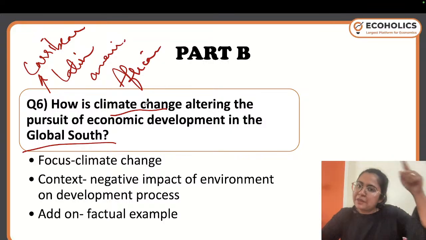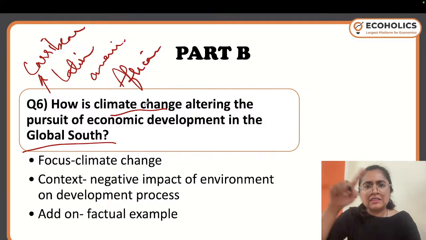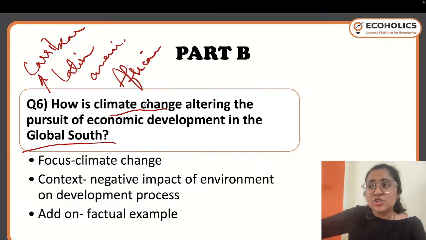Now, climate change is happening because of man-made problems, because of anthropogenic reasons, okay? But they were done mostly by developed countries or developing nations. So it's like there's a circular path. We call in economics the vicious circle of poverty, but if you look at the environment also, there's a vicious circle where you go for development, but because you're going for development, you will require to industrialize, you will require to cut down trees, you will require to do certain man-made activities which will impact the environment.